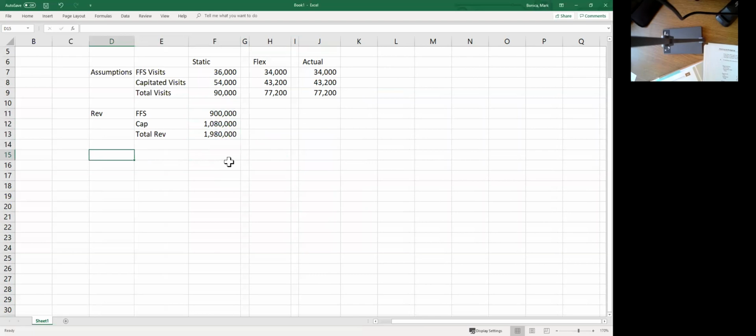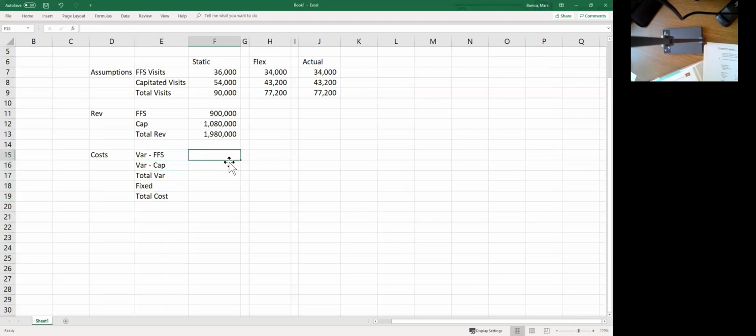Our costs were expected to be, so we have variable cost related to our fee-for-service, variable costs related to our capitated patients, then total variable, then fixed, and then total cost.